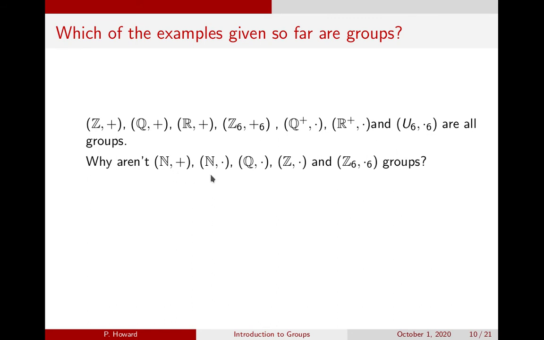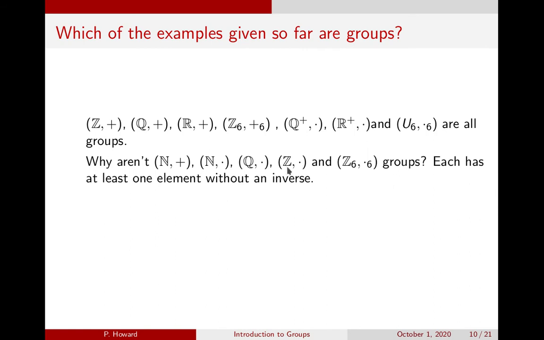And a similar thing is true for all five of these. Each has at least one element with no inverse. So, for example, if you take the integers with the operation of multiplication, this fourth example here, multiplication is associative, and there is an identity or neutral element for multiplication, namely the number 1.